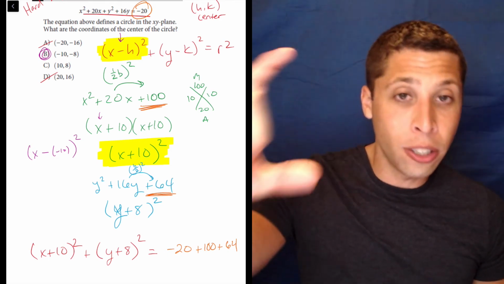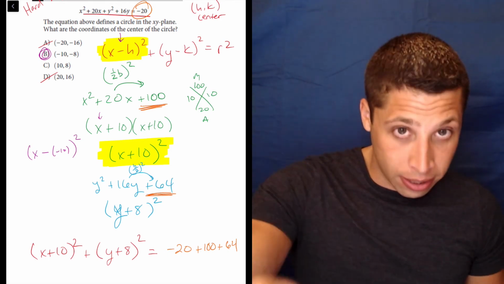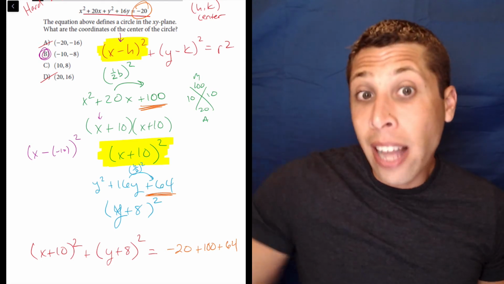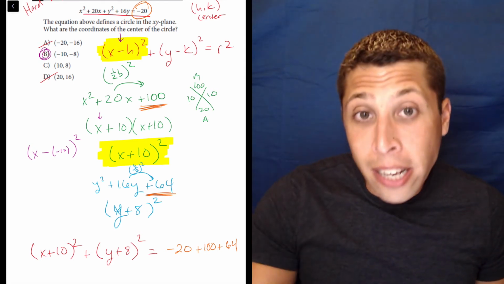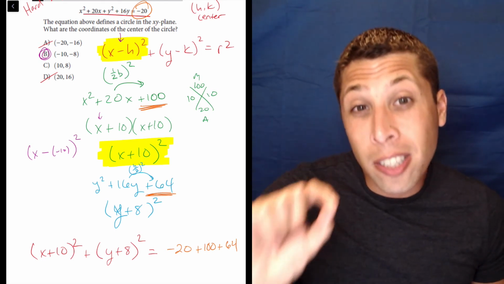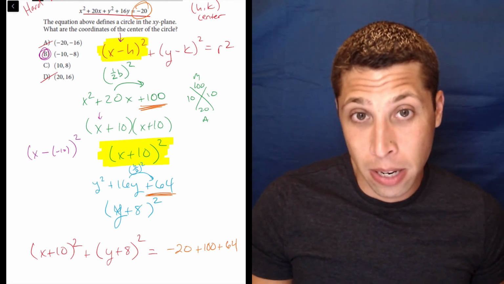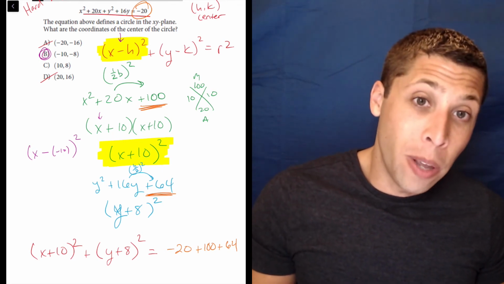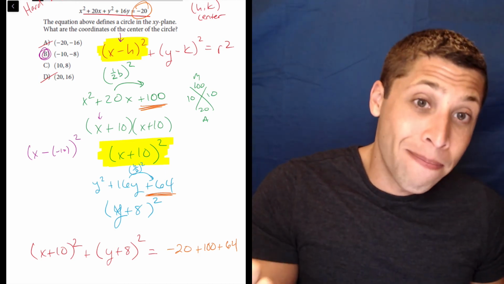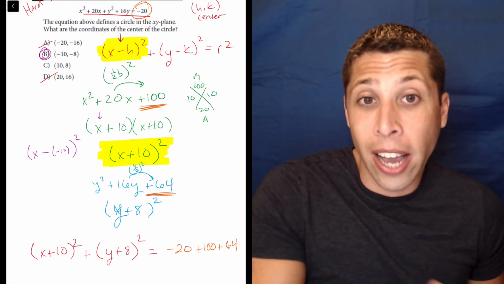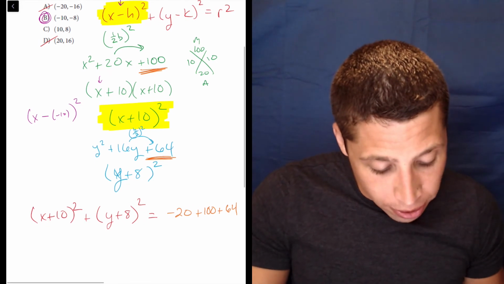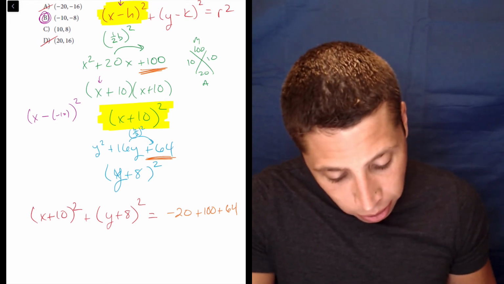We added 100 and a 64 onto the left side of this equation because we needed those numbers to create this very special situation where we could complete the square and factor. So in order to do that, though, we need to account for it on the other side. There needs to be a balance. And so once we add those, we're going to change that value on the right.